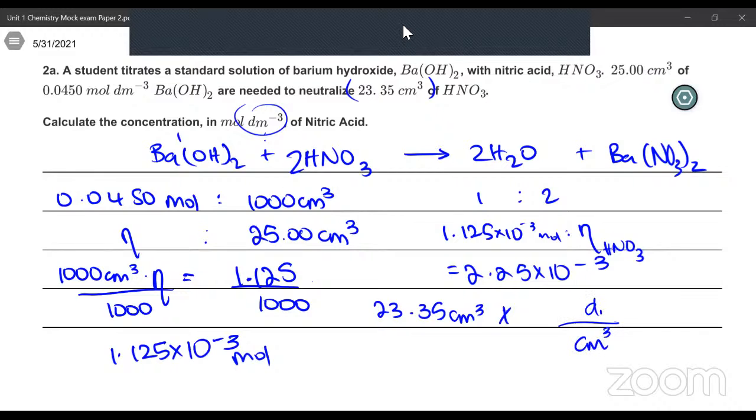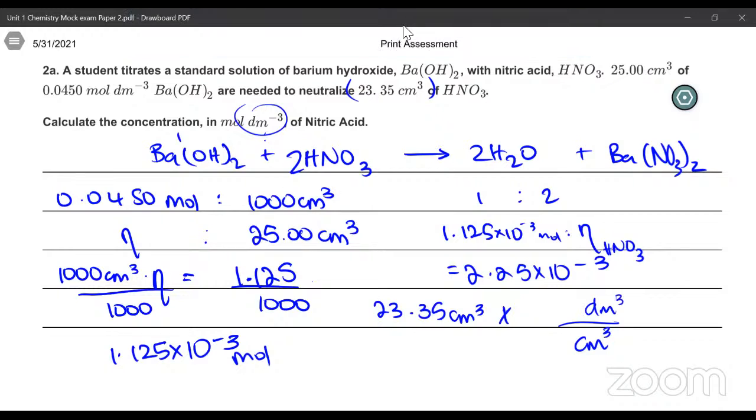Now, 10 cm is equal to 1 dm, and seeing that we're cubing, we just cube the numbers. 1 cubed is 1, 10 cubed is 1,000. Anyways, you'll end up dividing by 1,000 here. And so you would end up with 23.35 times 10 to the minus 3 dm³. cm³ would cancel cm³.